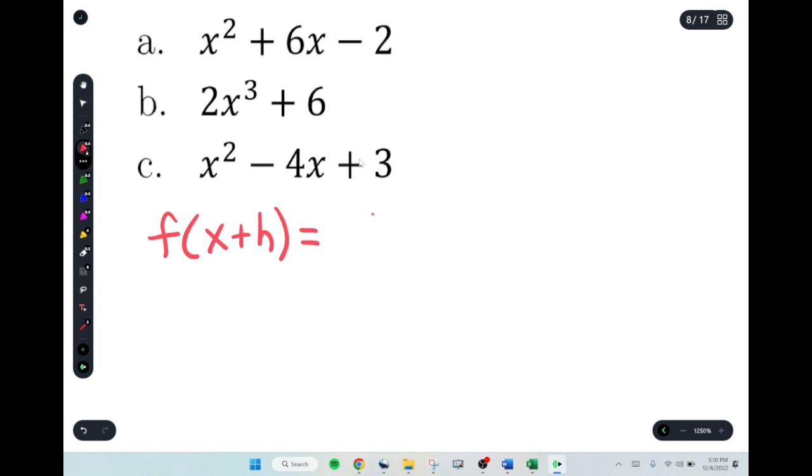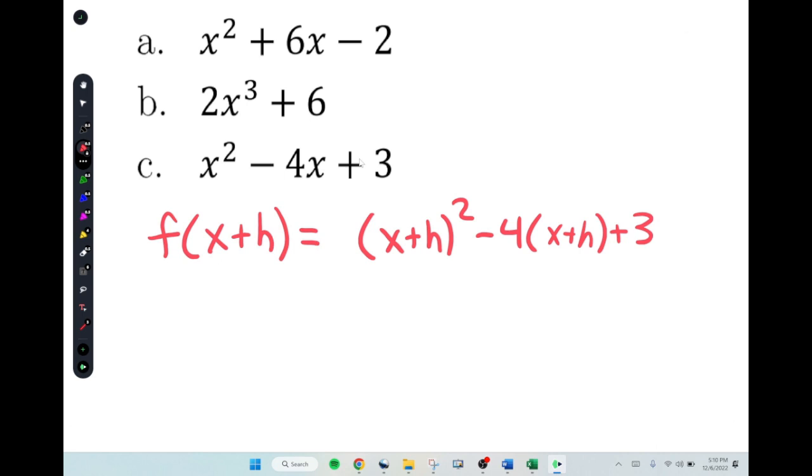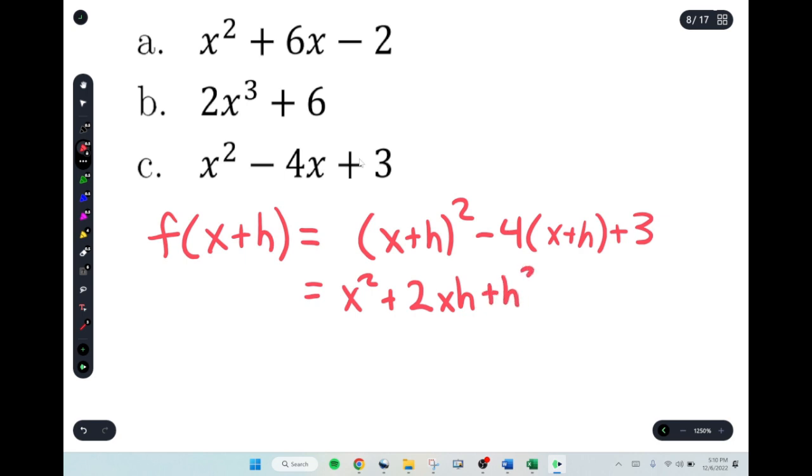So we get (x plus h) squared minus 4 times (x plus h) plus 3. And before we move on to the blue problem, let's solve it out. This is also known as x squared plus 2xh plus h squared.